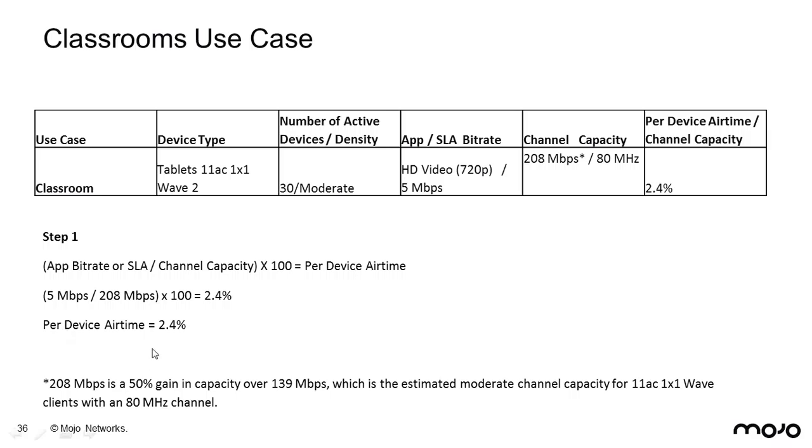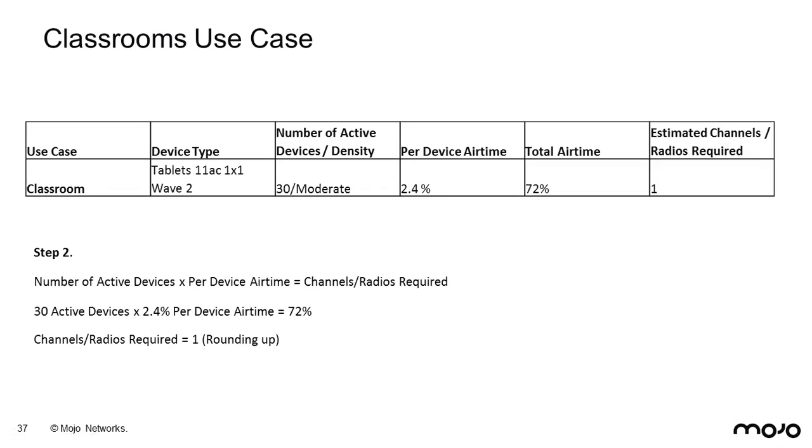Now, if we then go to step 2 and multiply that times the number of devices, 30 devices in a given classroom active, there can be more devices in there, there may be 60, but we're saying that 30 are going to be active concurrently, that's going to be a total of 72% of total airtime. So we round that up, 1 AP. We have that 1 AP with capacity to spare, but certainly 1 AP would cover that use case.